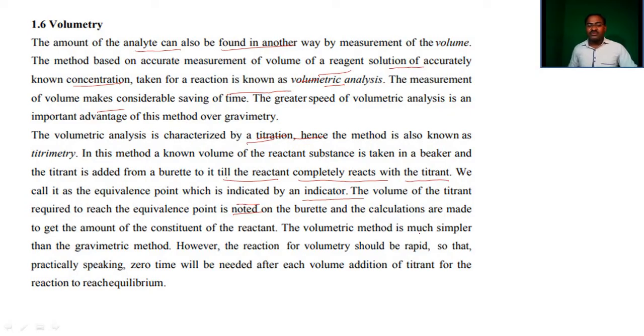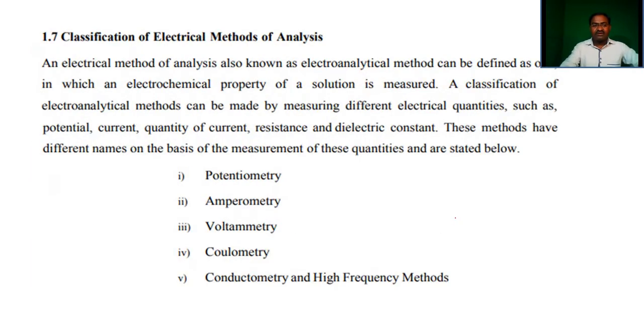Calculations are made to get the amount of constituents of the reactant. By substituting in the equations, finally we get the exact concentration or product of that reactant. These are the classical methods of analysis.